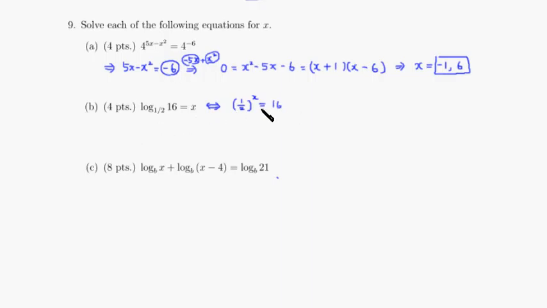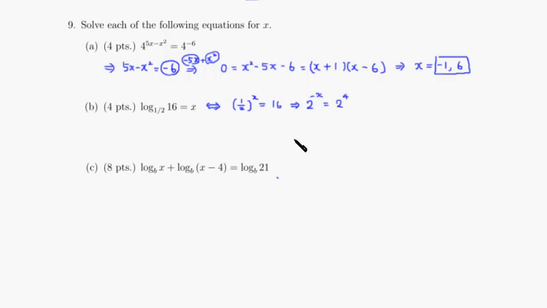But 1/2 can be written as 2 to the -1, and you raise it to the x, so it's -x. And 16 is 2 times 2 times 2 times 2, so 2 to the 4th power.